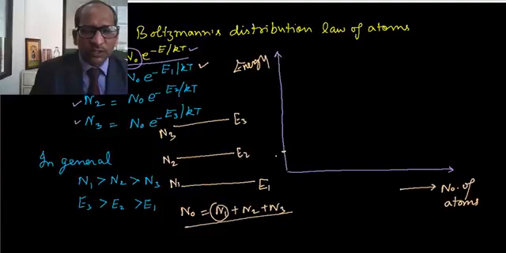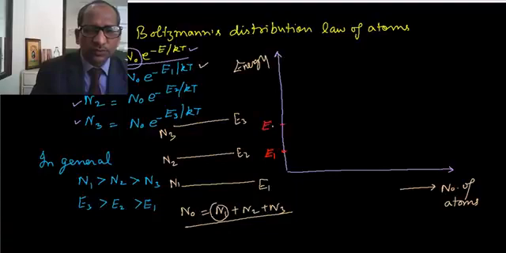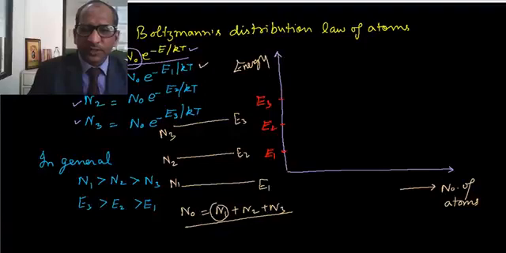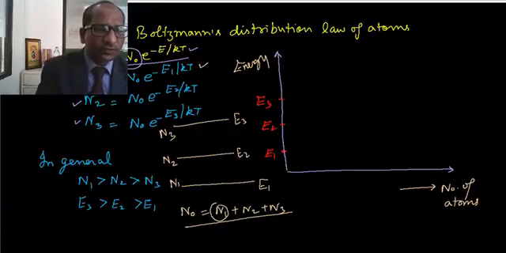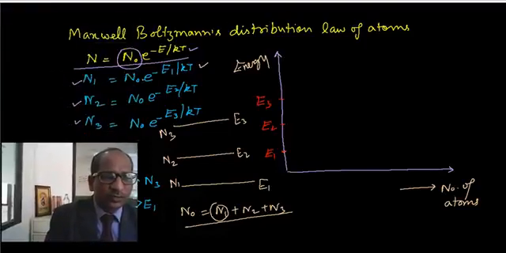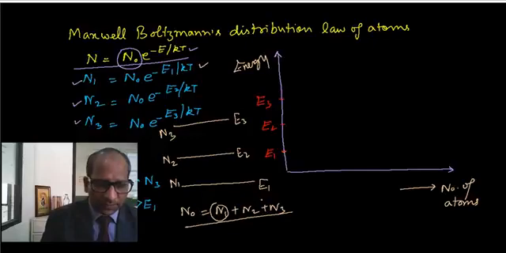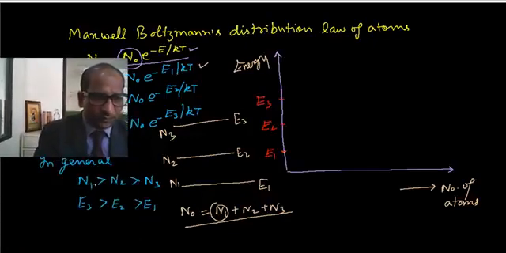Here this is E1, this is E2 and this one corresponds to E3. N1 is the number of atoms corresponding to E1, in the ground state, which is larger than N2.